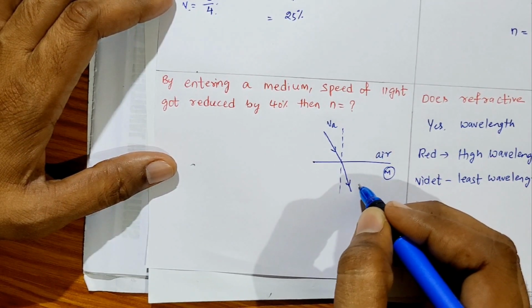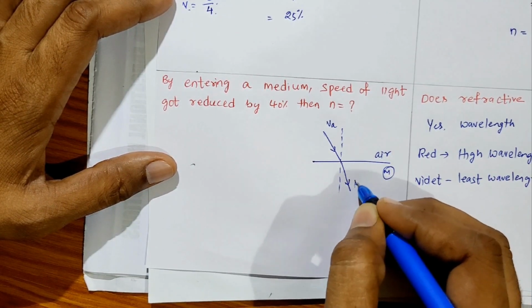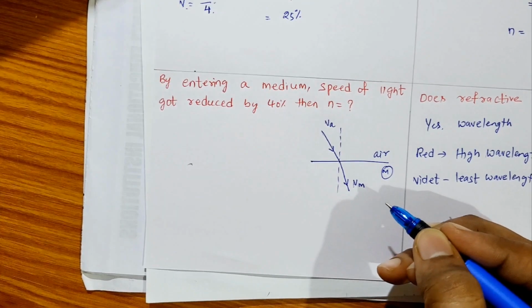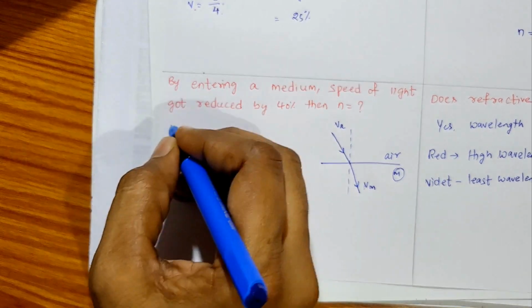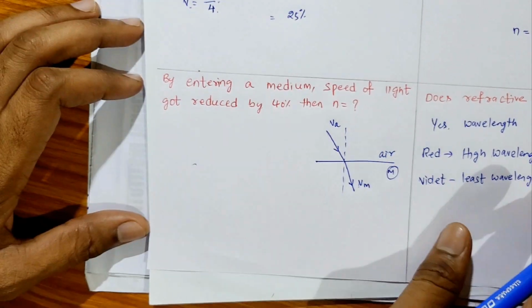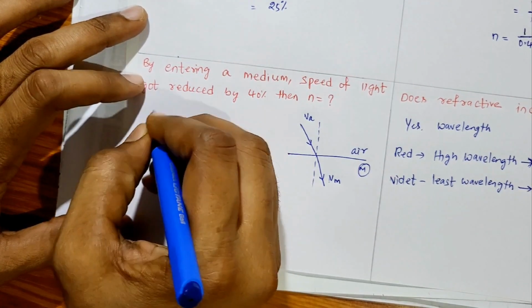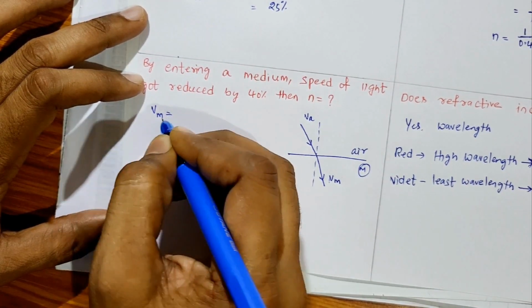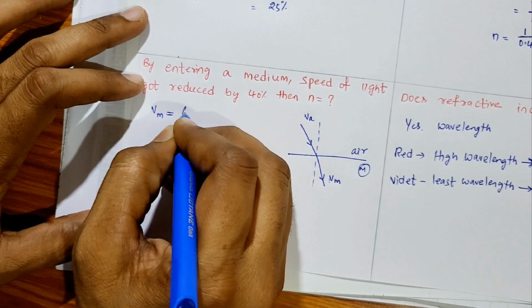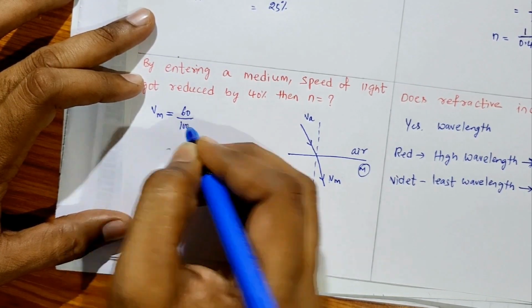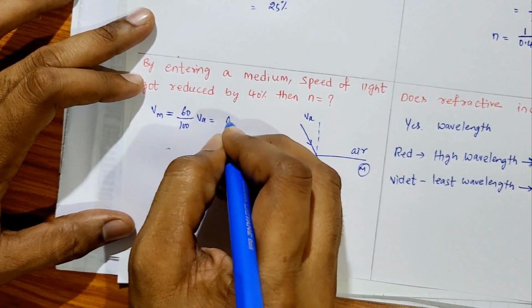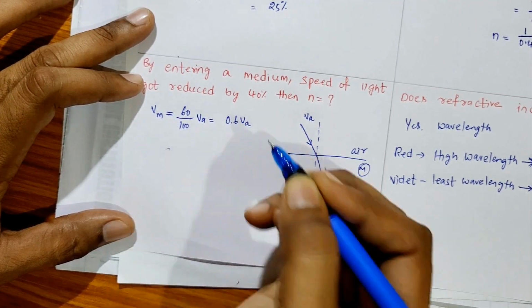Speed of light in medium, take it as Vm. So now, what is the speed of light in the medium? Since it got reduced by 40%, 60% is remaining. Speed of light in medium, Vm is equal to 60% of VA, that is 0.6 VA.